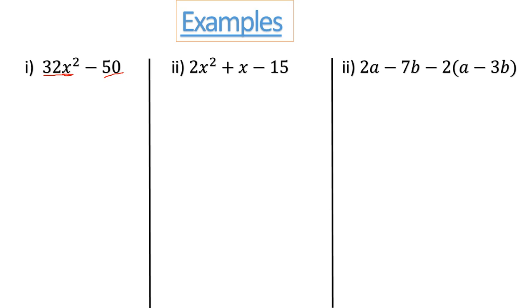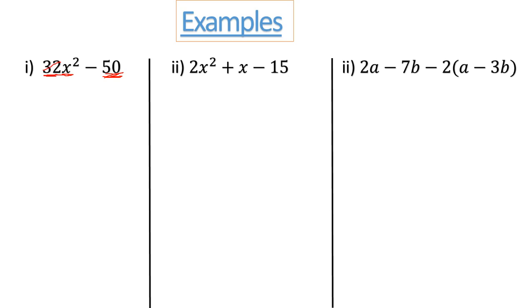We'll check for the numbers. For us to get what is common on the numbers, we will look for a number which will go into 32 and the same number going into 50 without leaving a remainder. And what number is that? Okay, good. A 2 can go into 32.